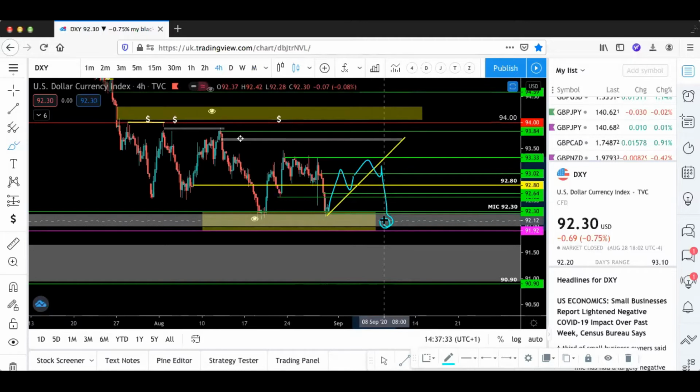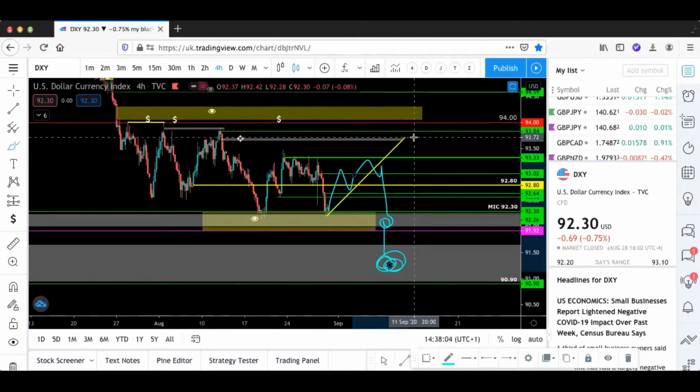Below that, I'm expecting one more target down here. After this, we could expect some move upward. This is one scenario: I'm expecting DXY to run quickly lower, one more push to the downside, then we could expect some reversal from these levels.